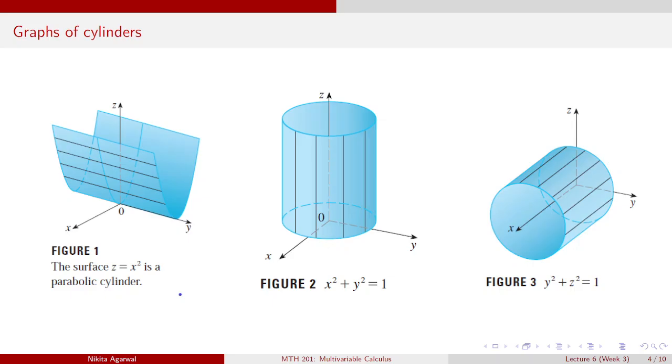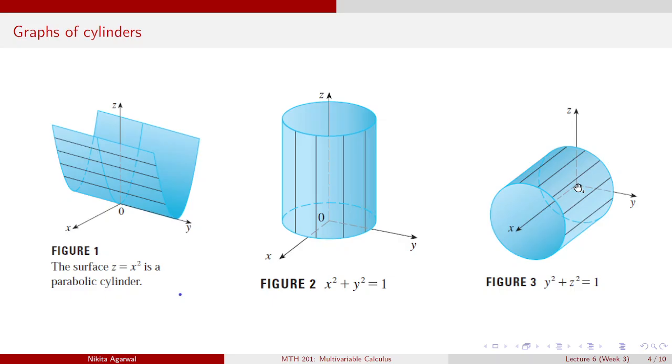This is figure 3, a different version of figure 2, where the x variable is missing. So you set x equal to 0, which is the yz plane. In the yz plane, the equation y square plus z square equal to 1 is a circle of radius 1 centered at origin.